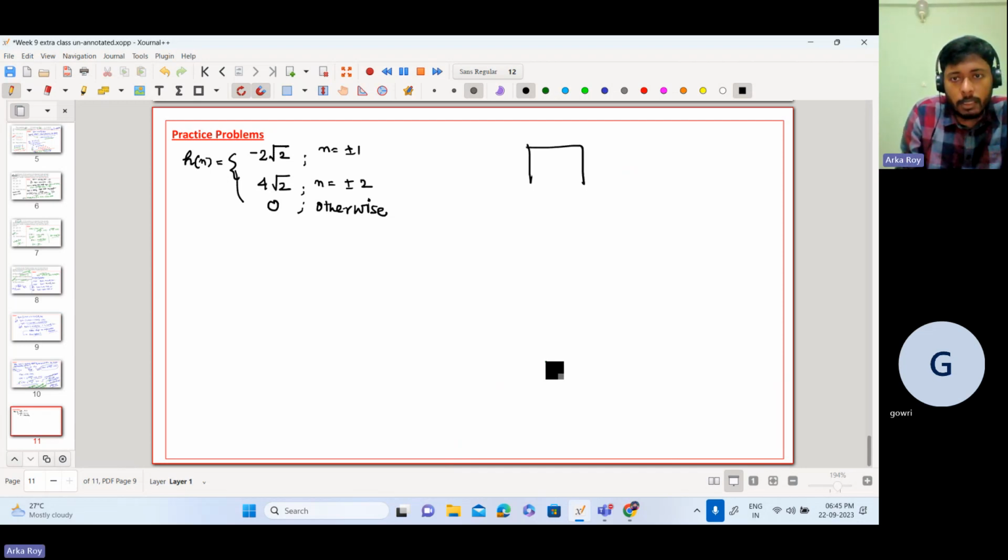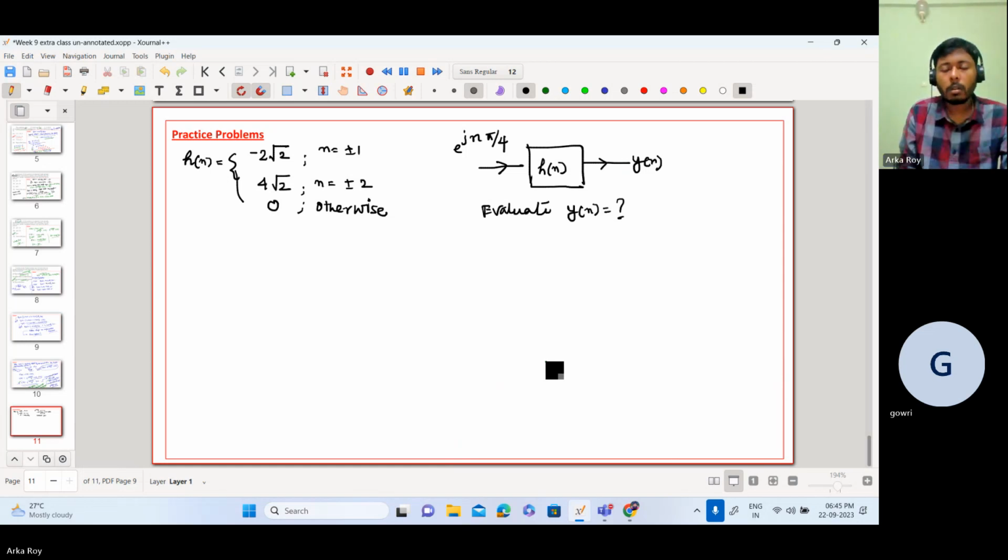Now this is a system unit impulse response h of n, and the input is basically e to the power j n pi upon 4. So we need to evaluate y of n equals to how much.